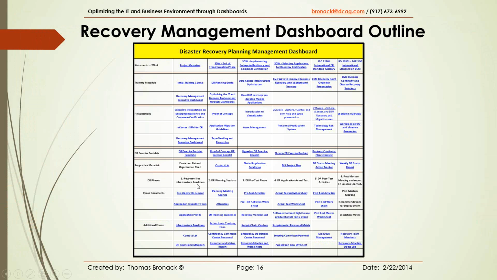There's a recovery site infrastructure readiness, there's a planning session, there's a pre-test where you're actually setting up the test, there's an application actual test where you actually use the run book and make sure the application works at the recovery site the same way it did in the production site. There's a post-test, which is where you're gathering all the information, and then there's a post-mortem where you present the information to management.